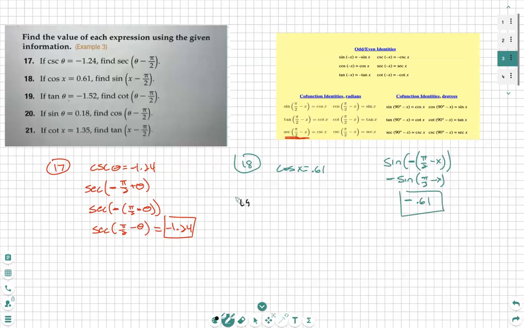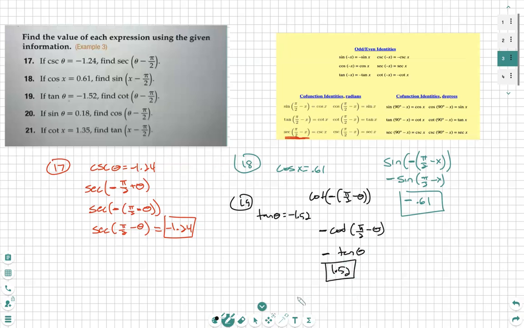Next, 19. If the tangent of theta is negative 1.52, again, we're going to do cotangent of negative pi over 2 minus theta to make sure we have our identities matched up, which thus we bring the negative outside of that, and this should be equal to negative tangent of theta, and thus a positive 1.52.